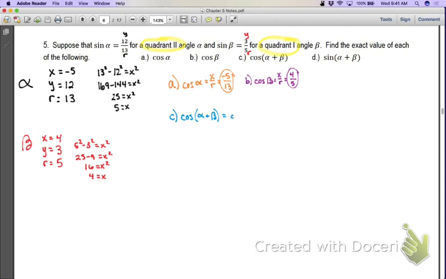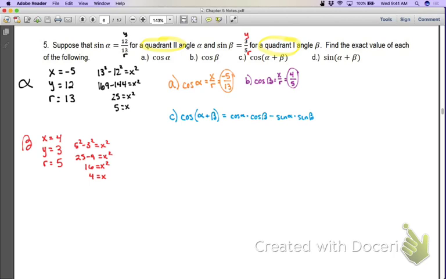Cosine of alpha times cosine of beta plus or minus sine of alpha times sine of beta.